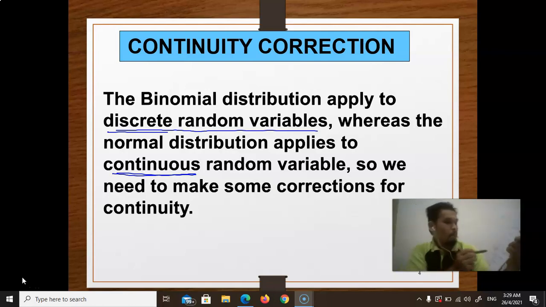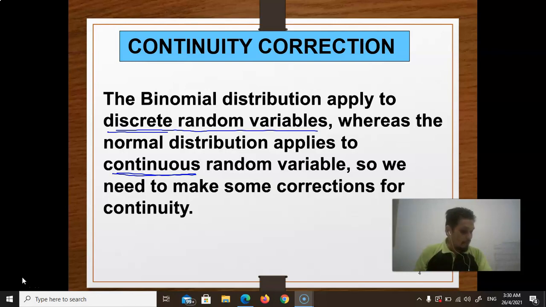So then similarly, for n greater than 50 and p less than 0.1, or this type of pair of n and p, the Poisson applies. This explains the two discrete cases, which are binomial and Poisson, that we can transform into the normal distribution to find the answers, and of course we need to make some correction for continuity.